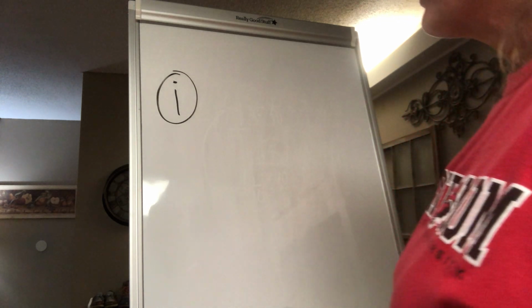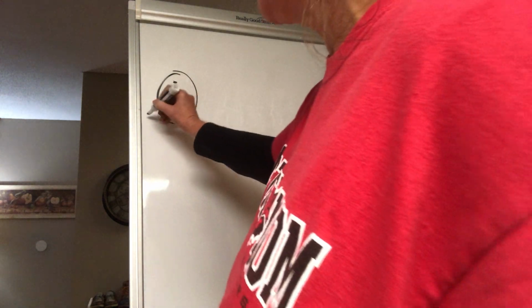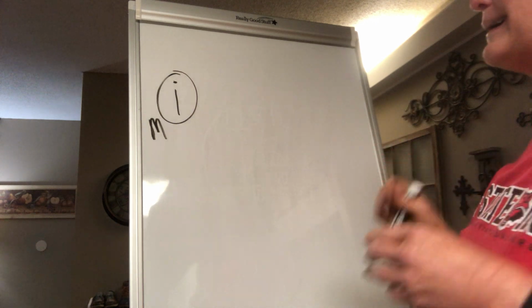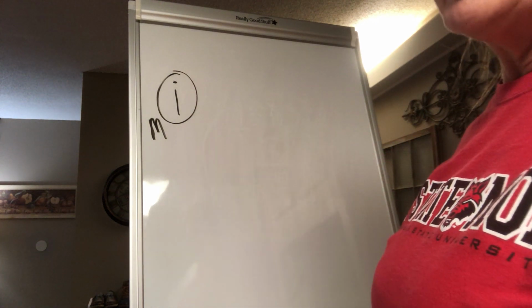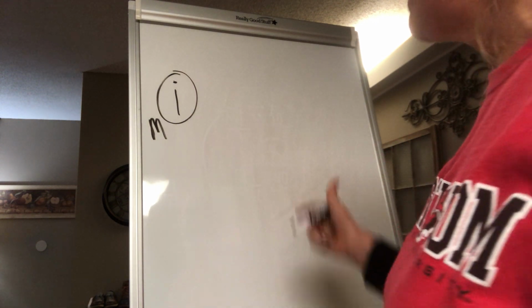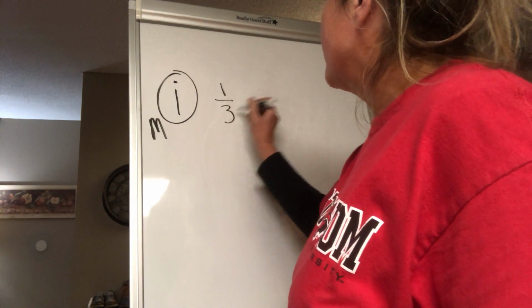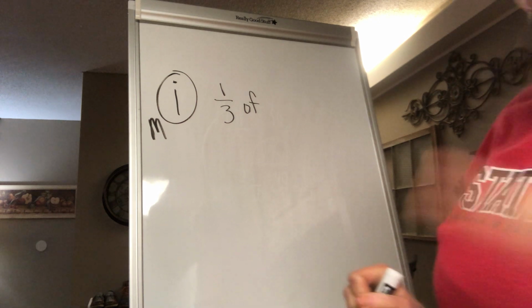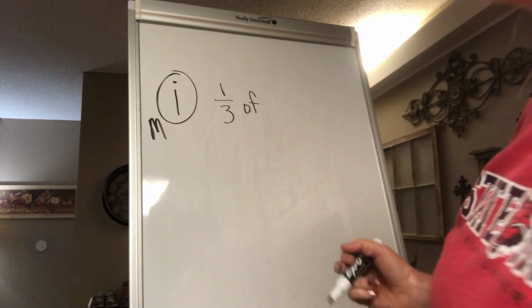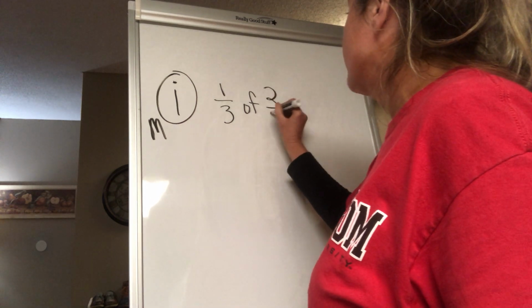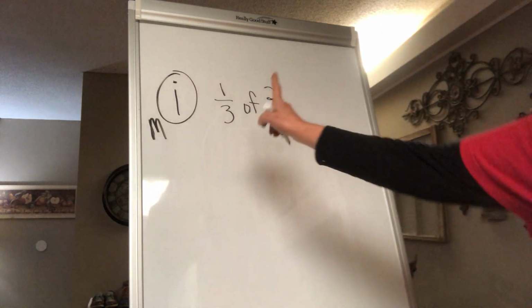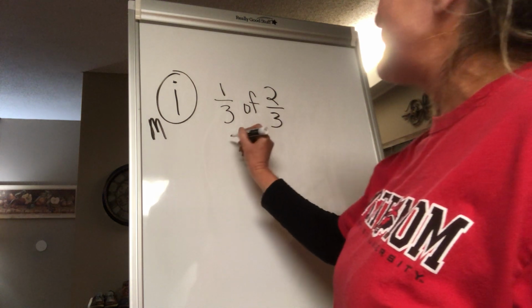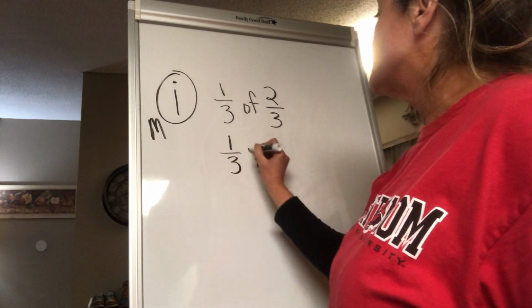Okay, well, again, I'm going to say multiply, because in my math brain, I'm thinking he's running 1/3 of the track each day. And it tells me that the track is 2/3 of a mile. So if he's running 1/3 of 2/3 miles, I know that I am multiplying.